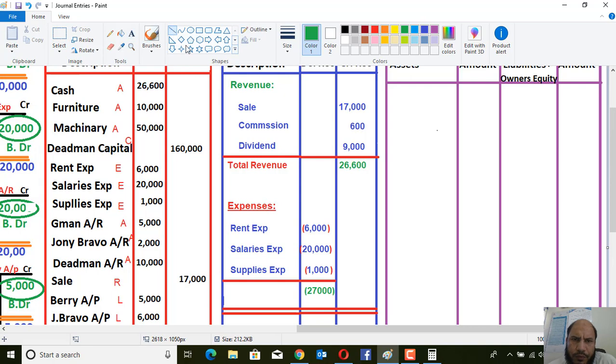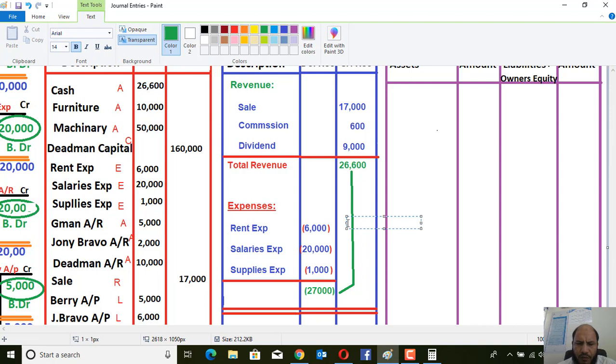What you will do now is, from these 26,600 you should deduct these 27,000, so we should minimize it.